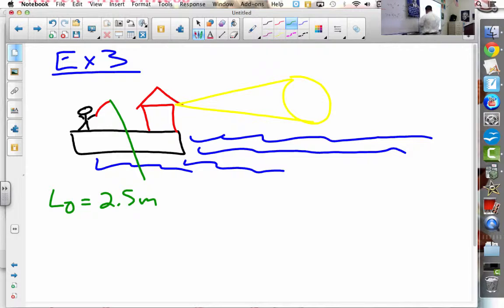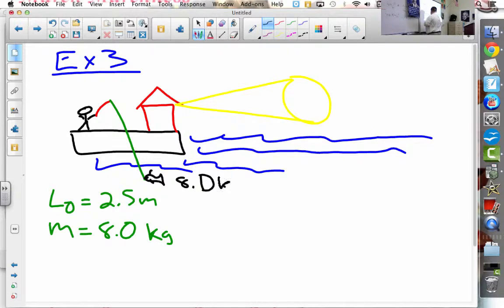And it's holding up a fish whose mass is 8 kilograms. So there's a little fishy here. And he weighs 8 kilograms. That's a pretty big fish, actually, when you think about it. 8 kilograms is pretty big.